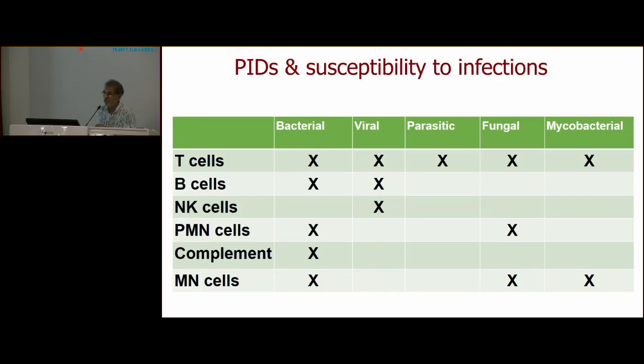They commonly predispose to infections with extracellular encapsulated bacteria. However, the late complement pathway, C5 to C9, is associated specifically with Neisseria infections. And mononuclear cell defects, like I said, MSMD and all, would be predisposed to fungal and mycobacterial infections.